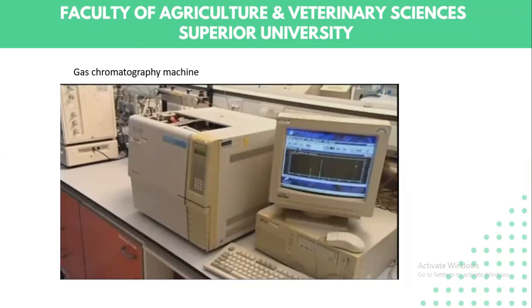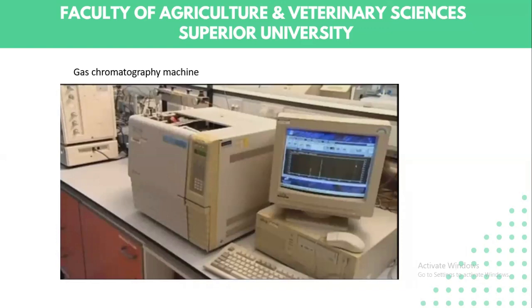We inject through a hole present on the gas chromatography machine you are seeing on the screen. Here we inject a very small amount of methylated oil. We remove the glycerols within the oil. Oil is a mixture of glycerol and fatty acid. What we extract from the plant is a mixture of two things: one is glycerol and the other is the fatty acid.